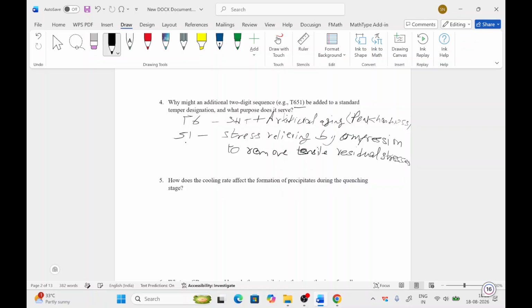So the two digits represent the stress relieving operation for that specific temper condition. So this is done to remove the residual stress in the sample.